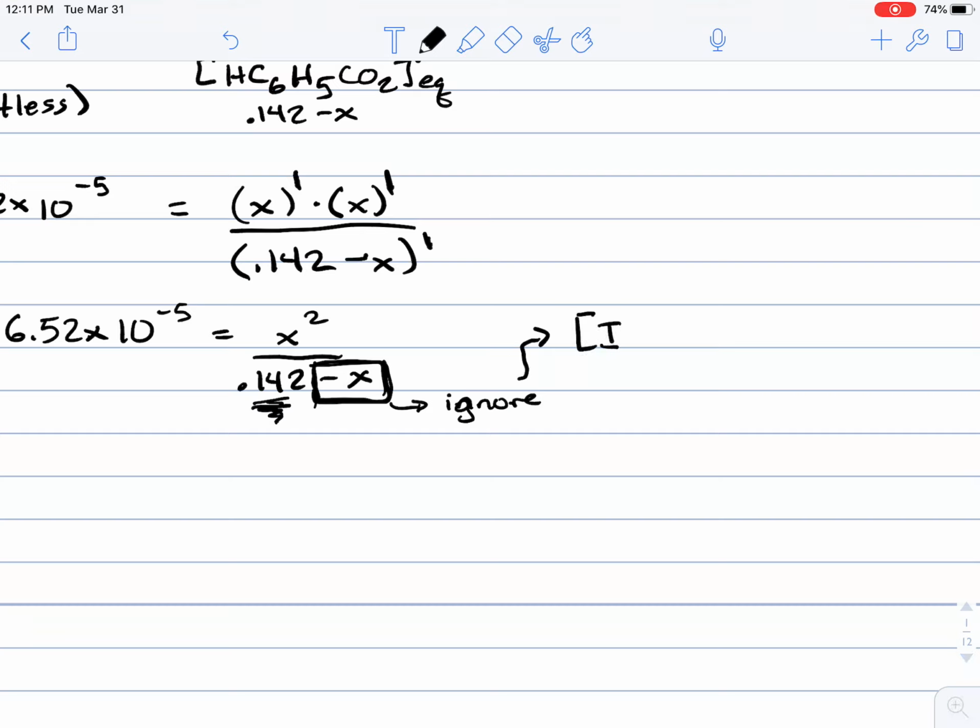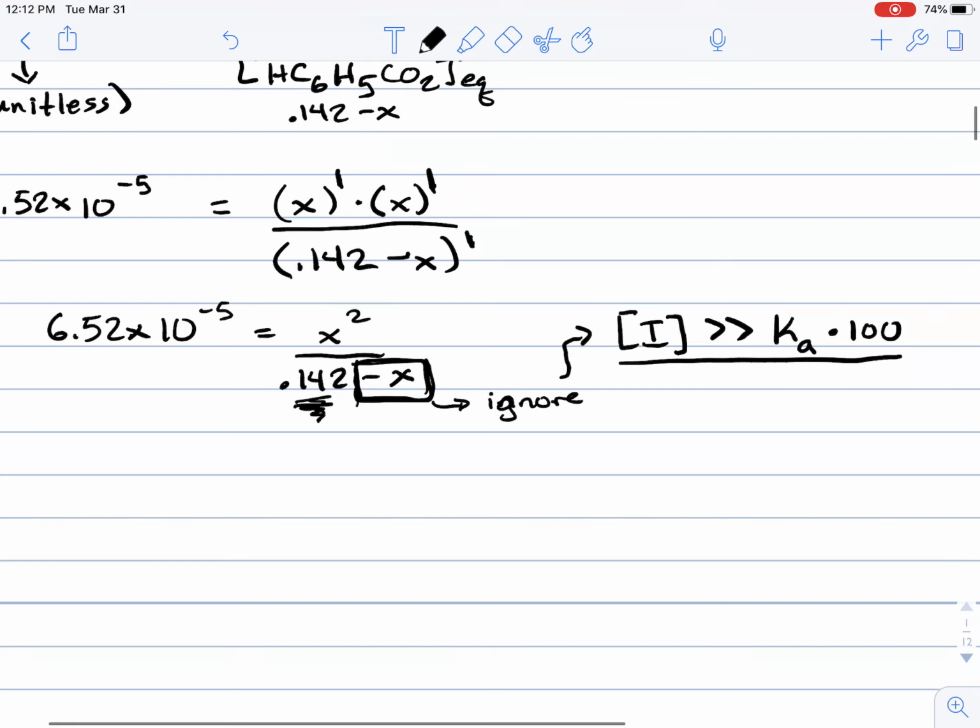The initial concentration must be far greater than the value of the equilibrium constant that's given to us in the problem. In this case, it's going to be Ka times 100. If we can prove that this specific statement is true, then we can ignore this bottom x.